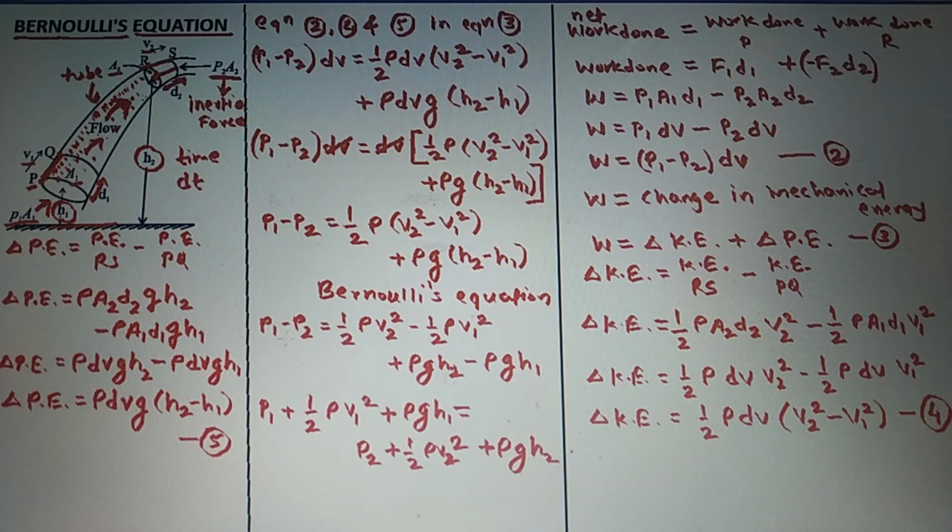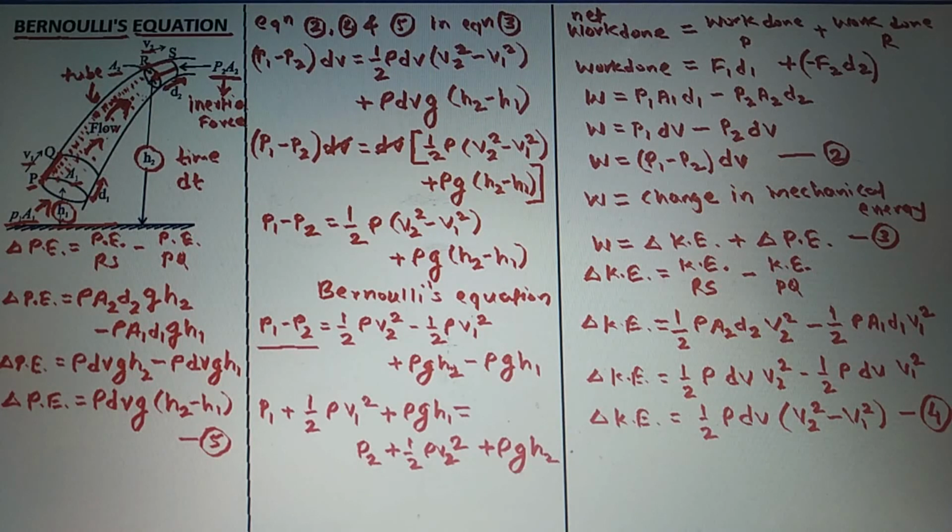So this Bernoulli's equation we can write as P1 minus P2 is equal to, if we multiply the bracket V2 square minus V1 square by 1 by 2 rho, 1 by 2 rho V2 square minus 1 by 2 rho V1 square, plus, if we multiply the bracket H2 minus H1 by rho g, rho g H2 minus rho g H1.